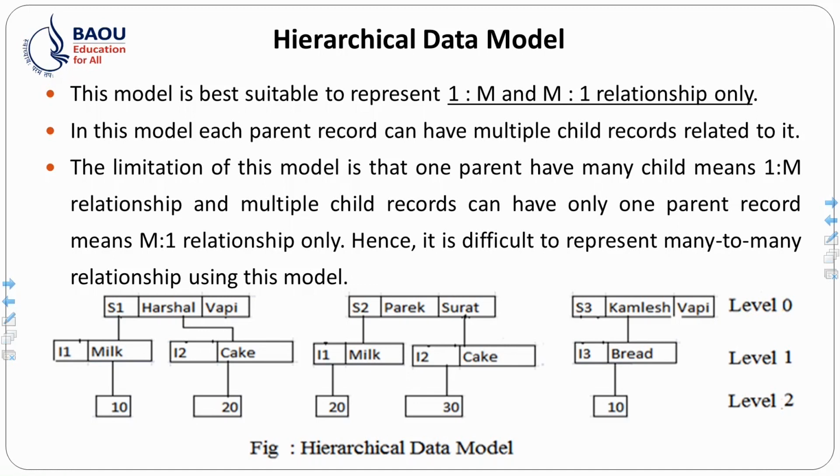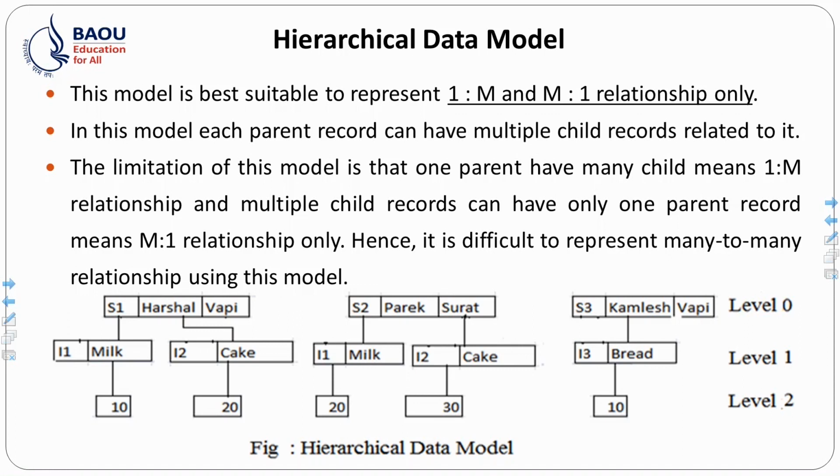Item 1 and item 2 have one parent record S1, and item 1 milk has a discount of rupees 10. So, item 1 is a parent for a discount amount 10 and child of salesman 1.